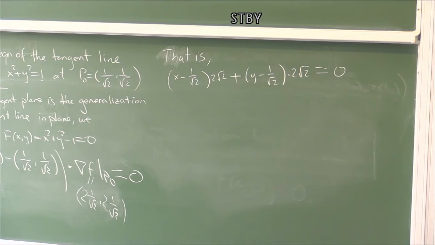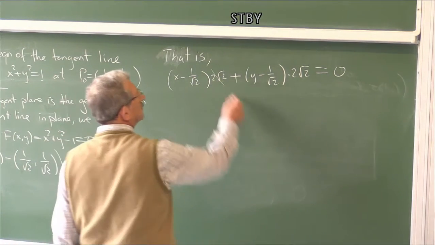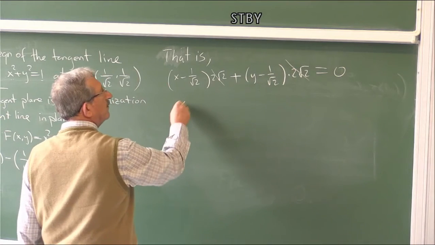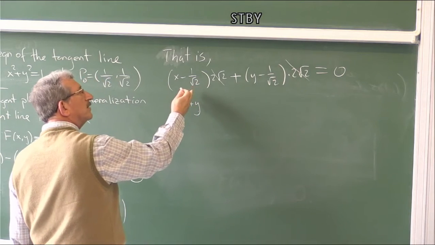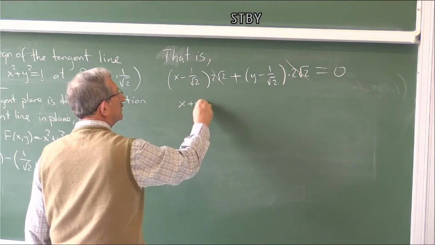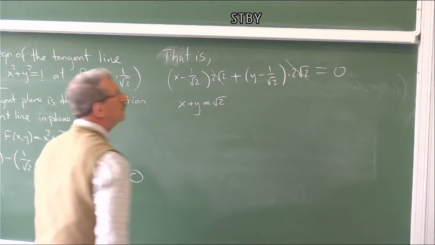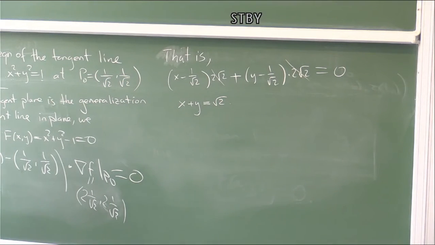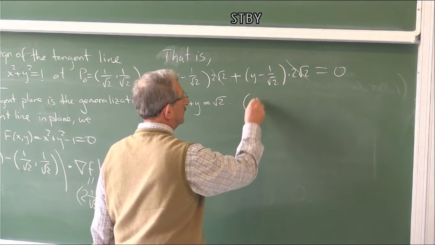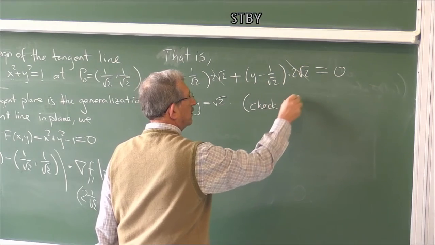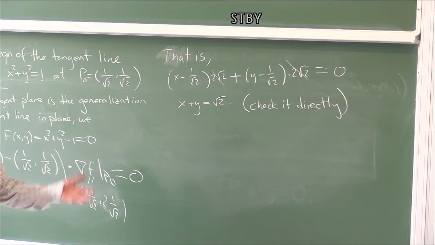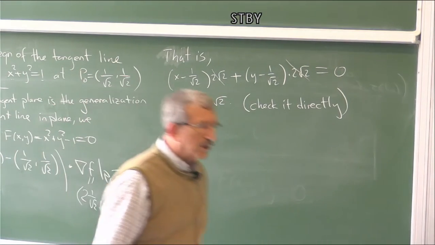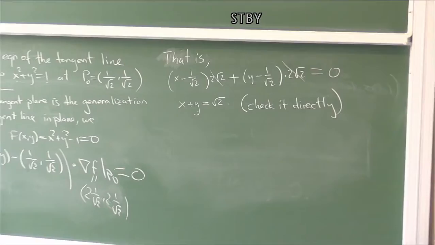So canceling these things, I have x plus y, that is minus 2 over root 2, so that's minus root 2, equal to root 2, so x plus y equals root 2. So this is the equation. Well, check it from earlier methods, check it directly by calculating dy by dx, that's the slope, and so on.